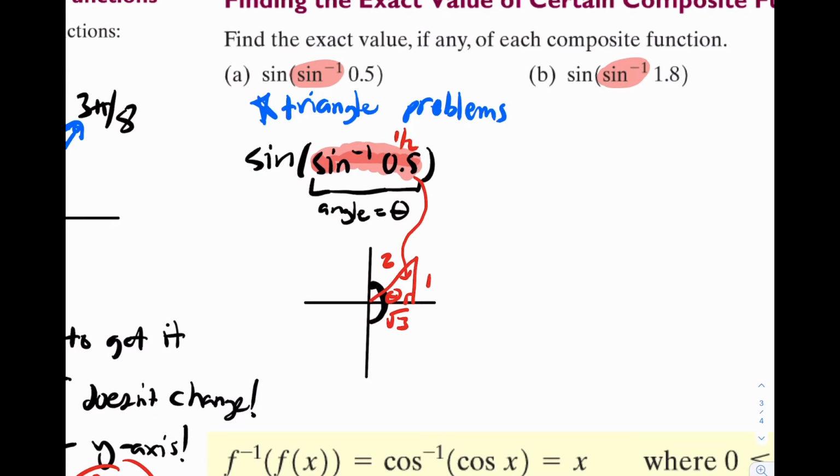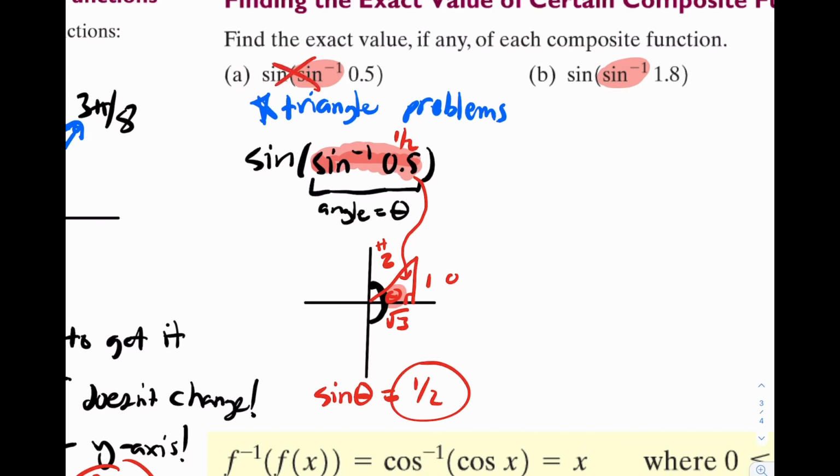That highlighted piece is this angle right here. That is the exact same angle. It's just in triangle form now. So the whole question transforms to this. Sine of theta, look at your triangle. That would be O over H. That's 1/2.